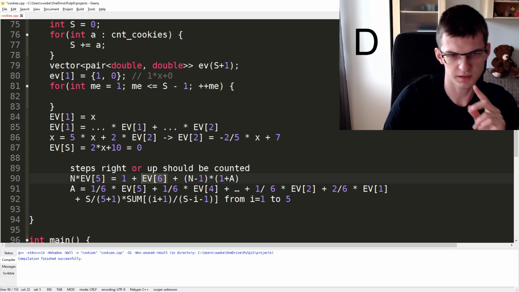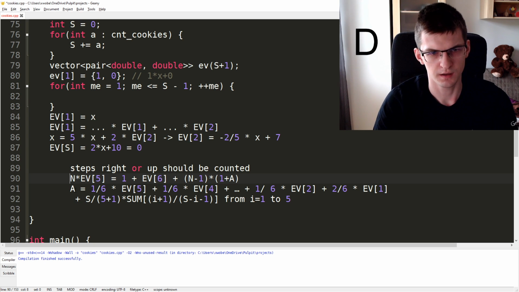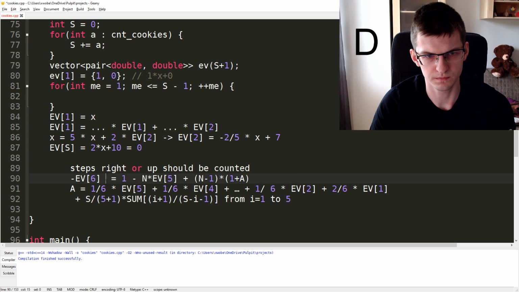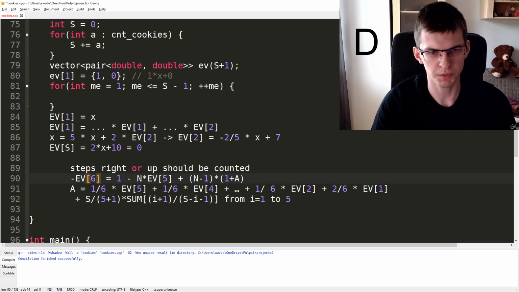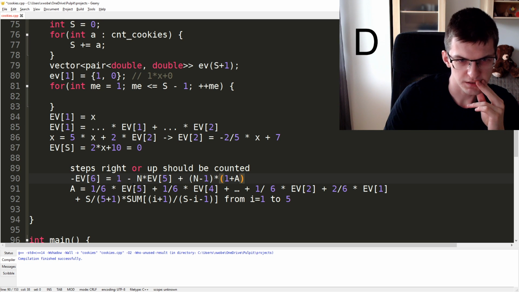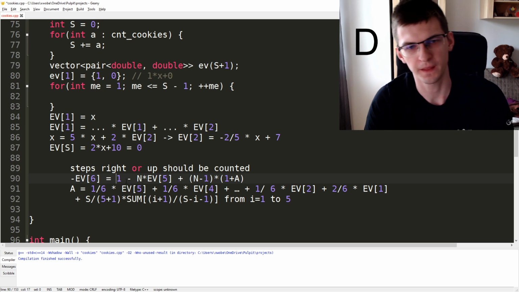Then EV of 6, let's move it to the right side, and this to the left side. Minus EV of 6 is this. EV of 5 will get some special thing, other things will not. It's this times that. Okay.